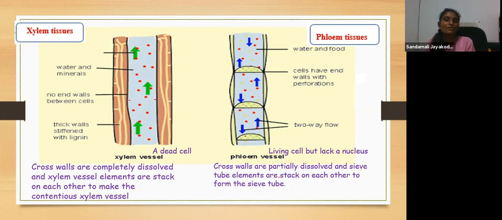It transports water mixed mainly with food. Glucose is the main product transported along the phloem vessel. We call it the sieve tube element.